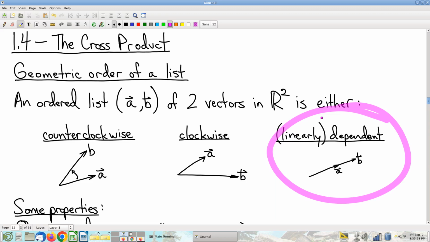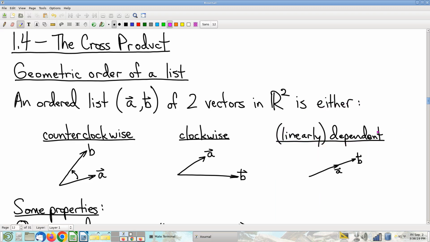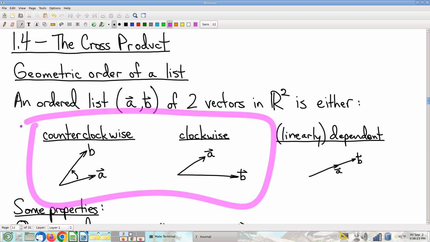You'll further notice that all of the cases where you just can't say clockwise or counterclockwise are cases where the pair of vectors is dependent. So I'm going to lump that third category, all the versions of it, zero, not zero, parallel, whatever the case may be, as dependent. Now, most of the time, in some sense, it's clockwise or counterclockwise.